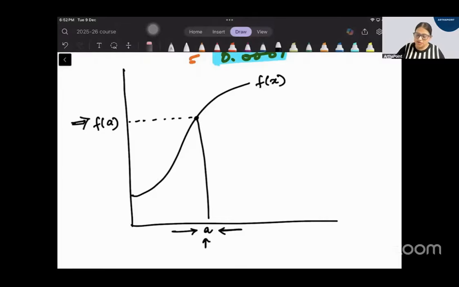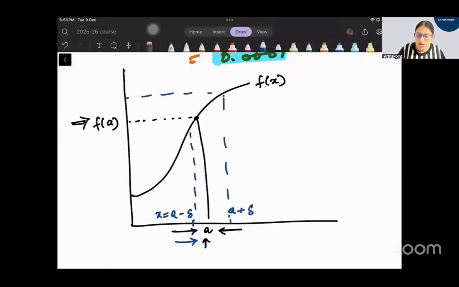Now what we are saying is that when I approach this a, whether from the left side or the right hand side, so whether I take a minus delta, meaning the value of x is very close to a but a little less than a, and whether I take a plus delta, very close to a but a bit more than a, then the values I get of the function here should be very close to this, right? So here this should just be f of a plus whatever epsilon we had taken, and this should be f of a minus epsilon. This is what the definition of limit is.